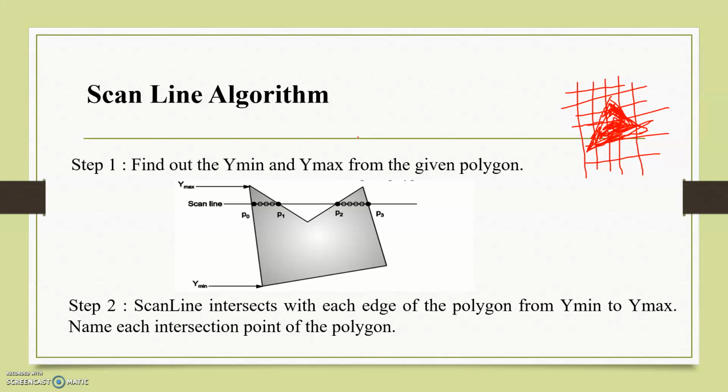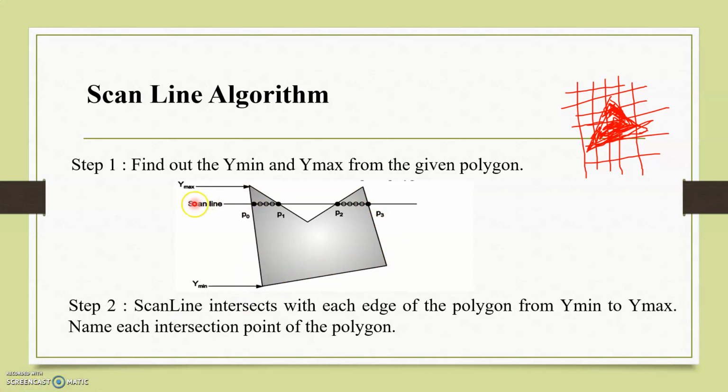In the scanline algorithm, we try to find the interior points of a polygon area by locating the intersection points of a scanline with the edges of the polygon. We consider a number of scanlines passing through that particular polygon. In this example, this is your polygon, and you can consider any polygon.